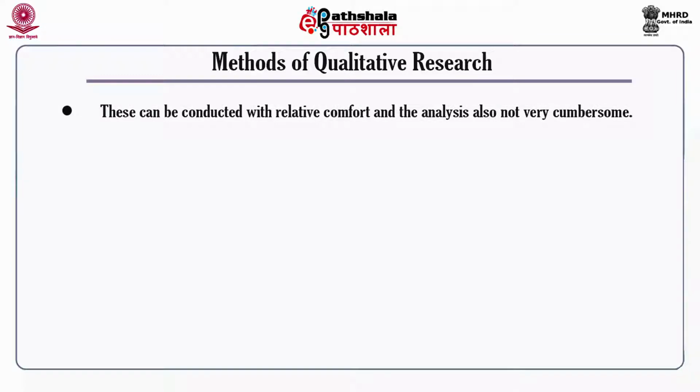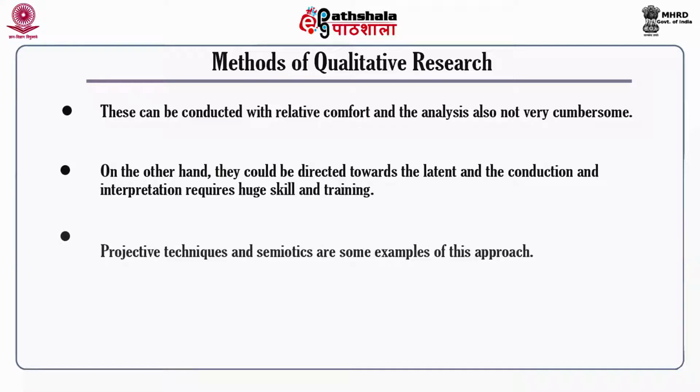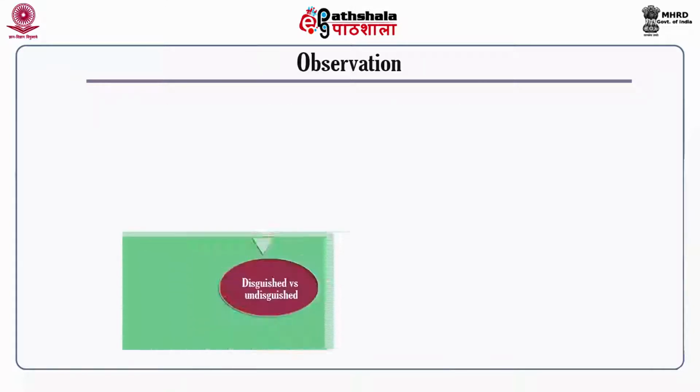These can be conducted with relative comfort and the analysis is also not very cumbersome. On the other hand, they could be directed towards the latent, and the conduction and interpretation require huge skill and training. Projective techniques and semiotics are some examples of this approach.